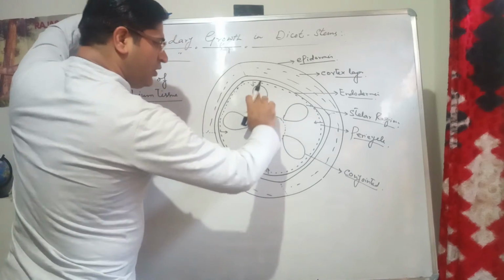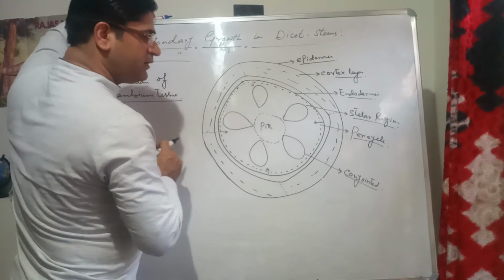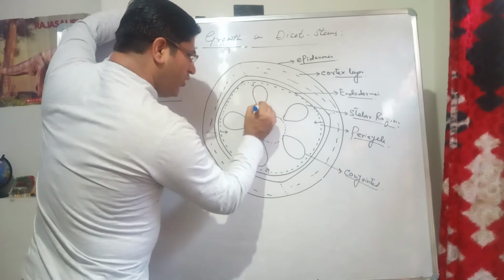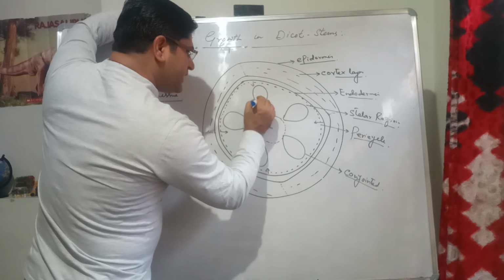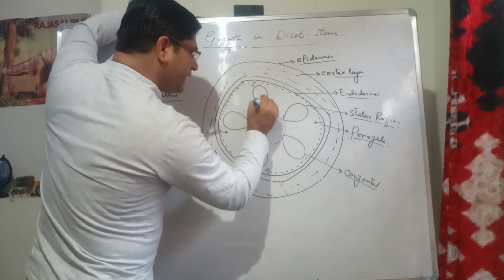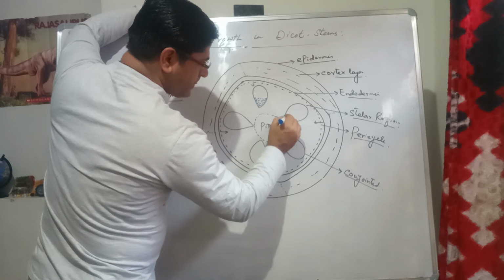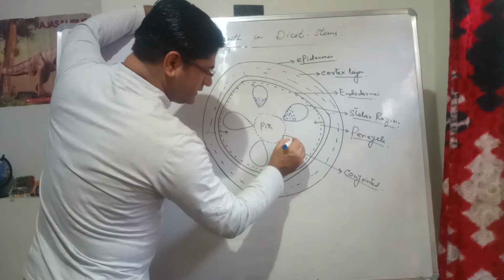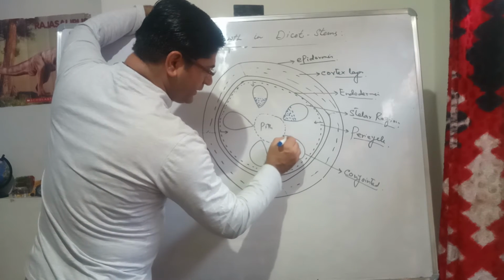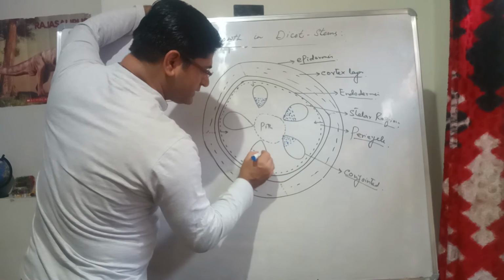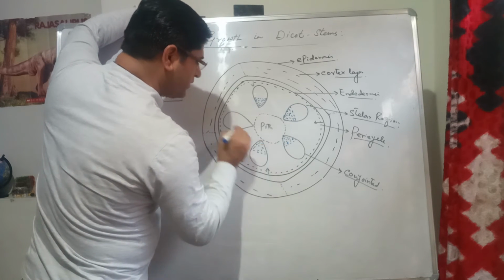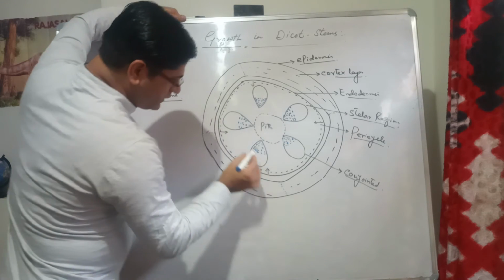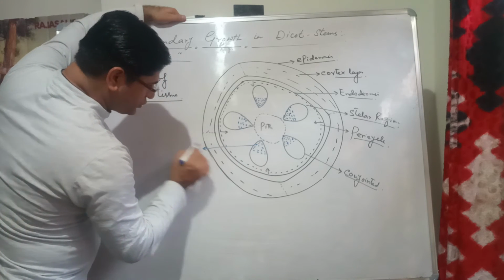Around this central pith, all the vascular bundles are arranged in the ring manner, and inside each vascular bundle there is xylem tissue which is nearby towards the central pith. Like this. Xylem always gets formed in these vascular bundles nearby the central pith. So this is the xylem tissue.